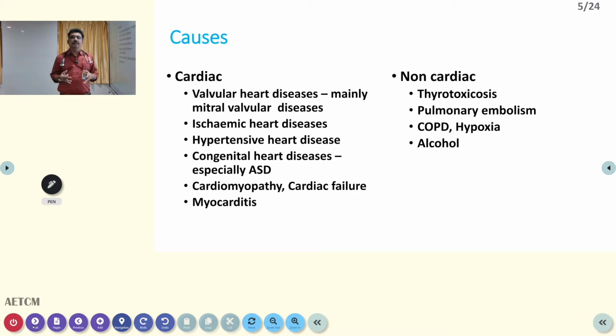There are some non-cardiac conditions like thyrotoxicosis, pulmonary embolism, COPD, hypoxia, alcohol. All these are extra-cardiac reversible causes. They're very easy to control. Suppose the patient has thyrotoxicosis and atrial fibrillation, it is very easy to control that.